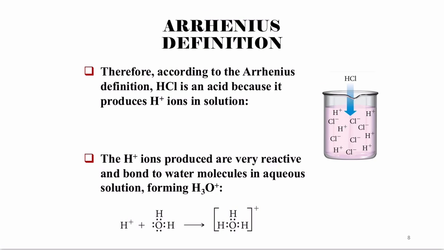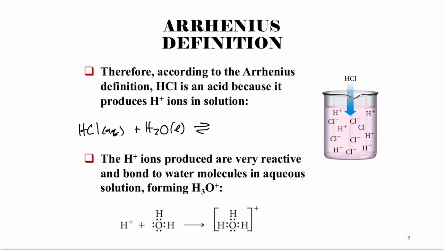And so that's why we have multiple definitions for all of these. So if we think about something like hydrochloric acid, it's a strong acid, and so what it does is you put HCl, and it can be aqueous or not, in water, and we create H plus ions and Cl minus ions.